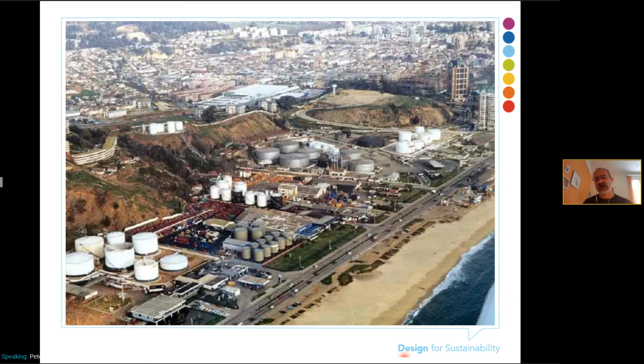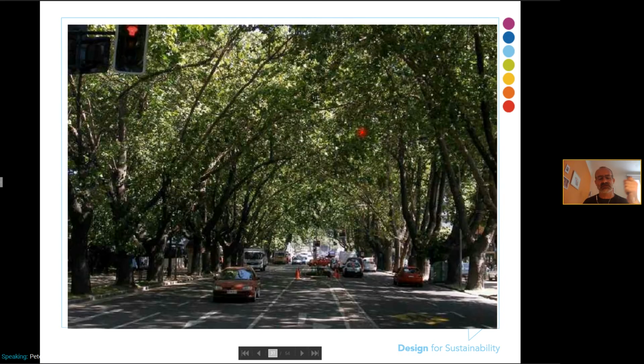The interesting part of Las Salinas is that it was developed about 100 years ago as a garden city. The garden city concept comes from Great Britain, from the early 20th century. Some were built in the UK and also here in Chile, so it's a very green and livable city.